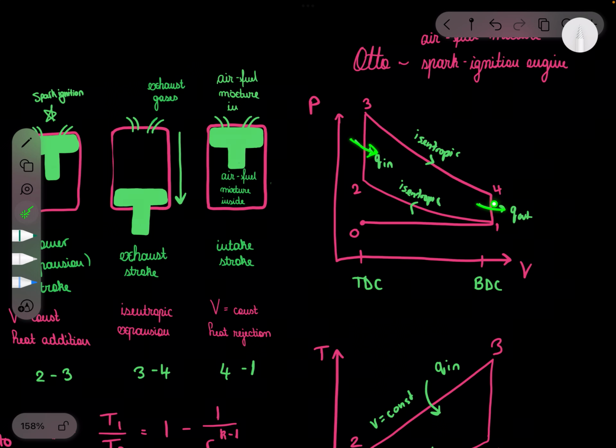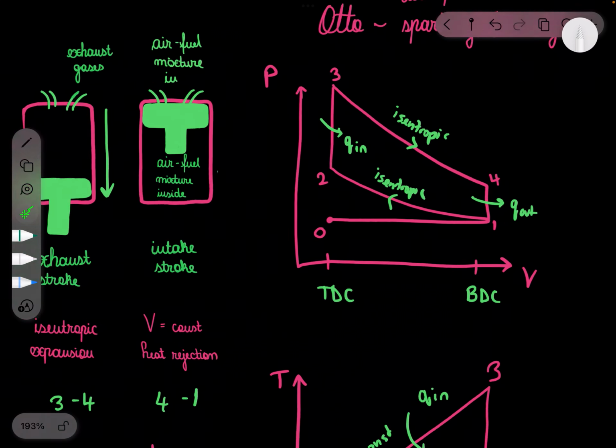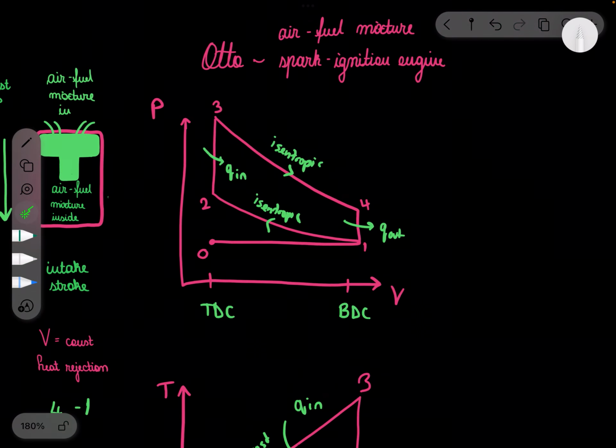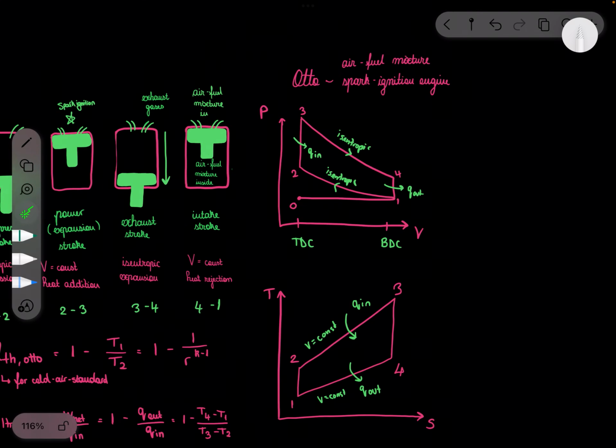So by the time you get here, Q out. Which one's bigger, which one's smaller? Well, you know that the net heat is the heat in minus the heat out. Because you can't really produce more heat without wasting work. So yeah, because of the net heat, the Q in line has to be greater than the Q out line.